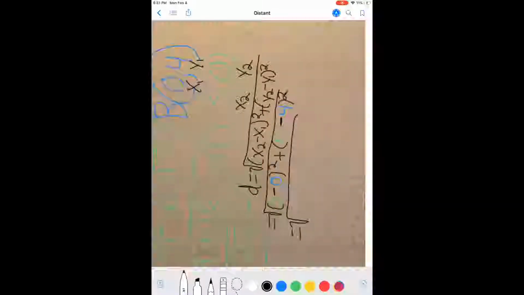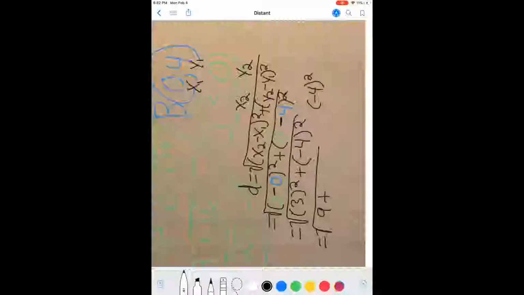I'm going to simplify. So I have 3 minus 0, which is simply 3. Then I have 0 minus 4, so that's going to make that negative 4 squared. We should be at the point where we've got 3 squared under our belt, so we've got 9 plus this negative 4 squared is telling me negative 4 times negative 4.